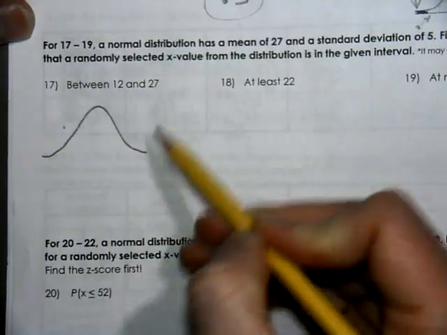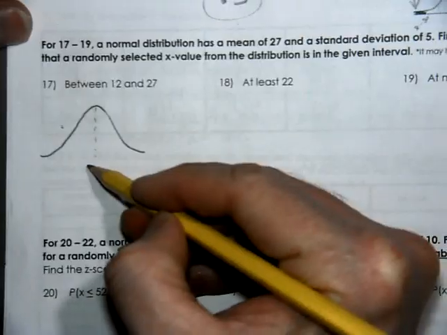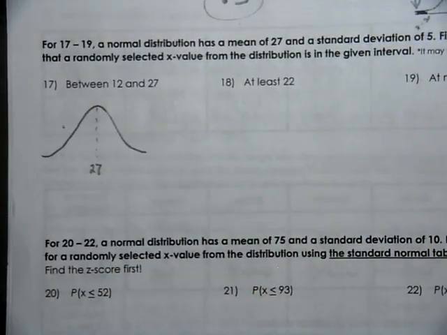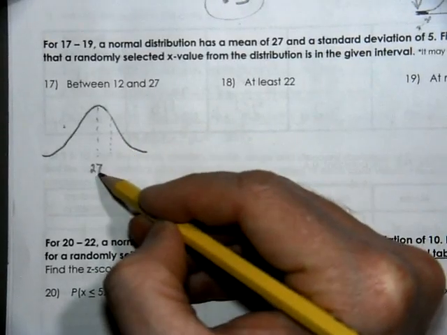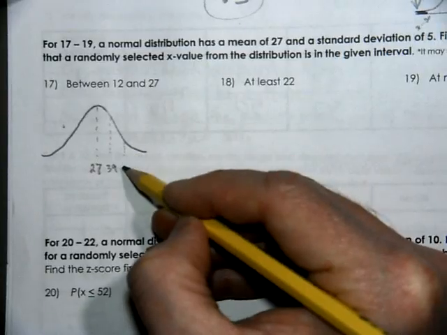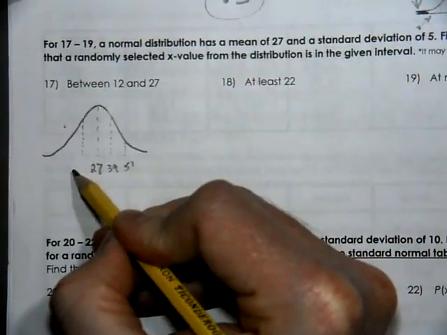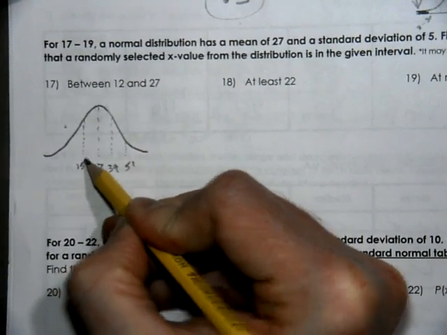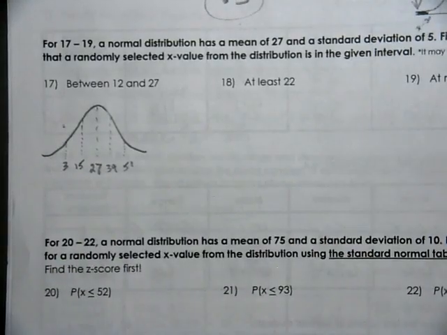Here, drawing some pictures can be handy. We have a normal distribution of mean of 27 with a standard deviation of 12. So that'd be 39, 51, 15, 3.